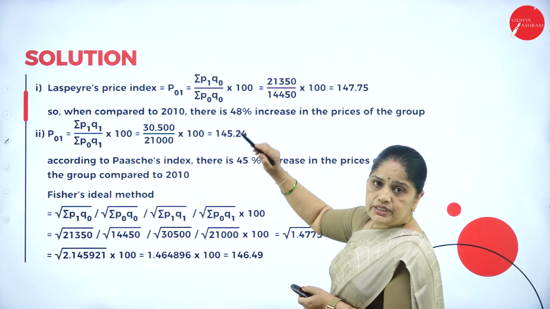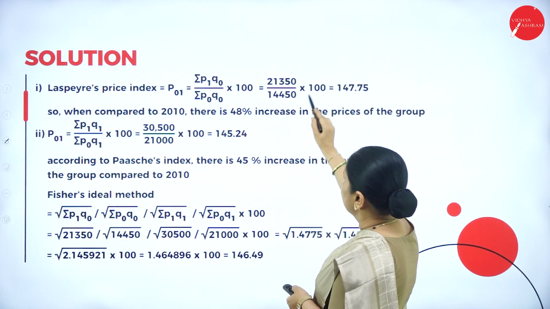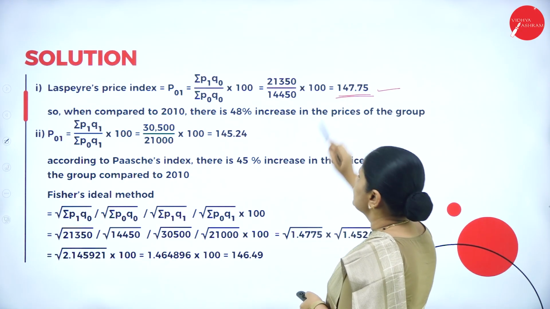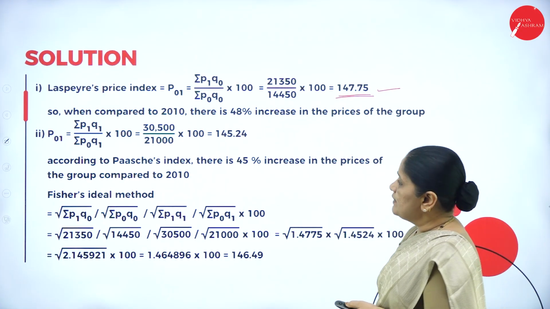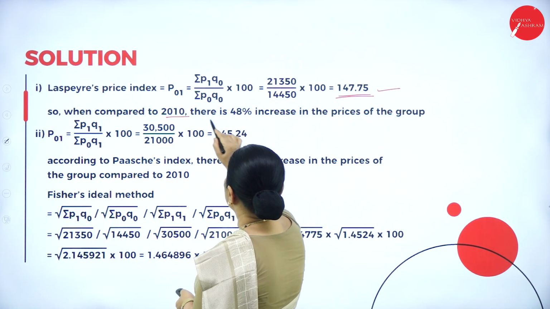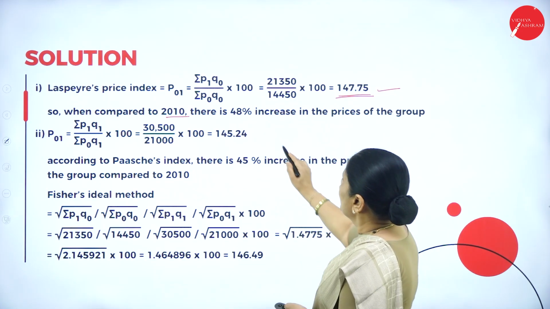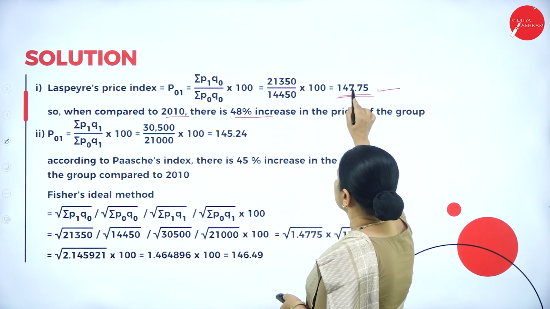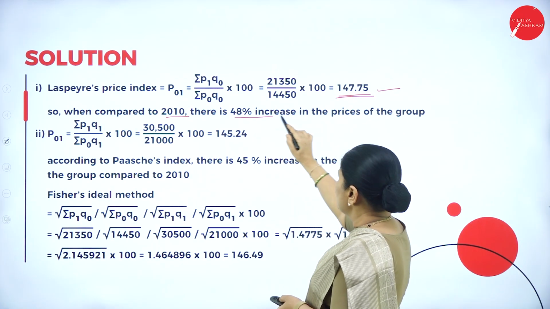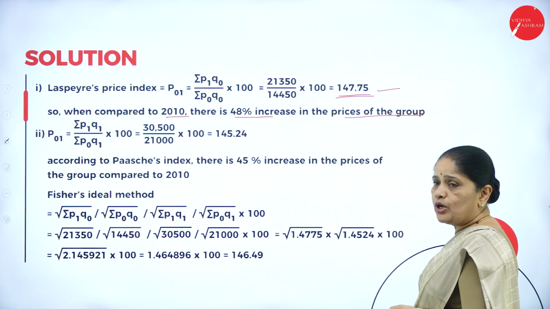So we just substitute the values we got here, 21,350 by 14,450 into 100. When we simplify this, we get 147.75. So if we are taking 100 as the base for 2010, we can see that there is an increase of 47.75, that is almost 48% increase in the prices of the group of commodities.